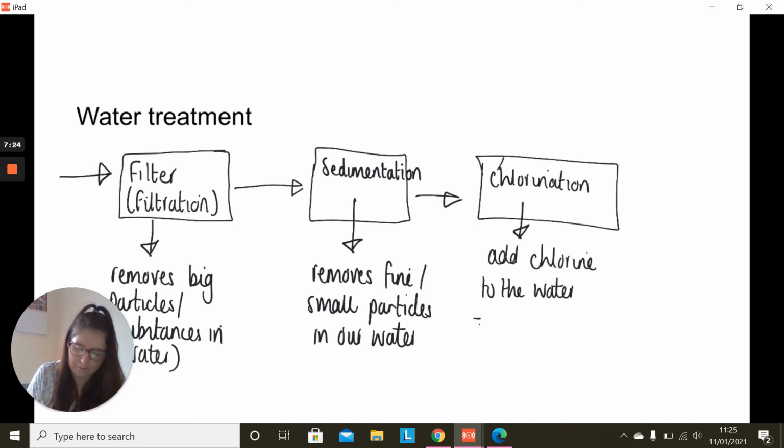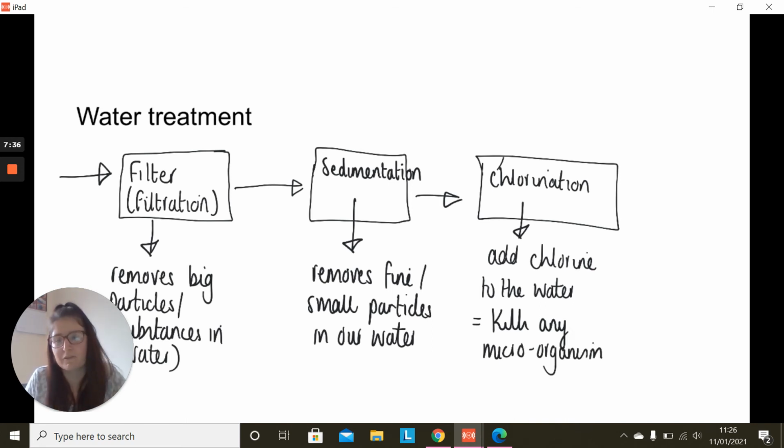The reason we add it is to kill any microorganisms. If you're not sure what a microorganism is, it's a bacteria or a virus, etc. So you put the chlorine in the water just to make sure that we kill any microorganisms. We don't want them in our water.